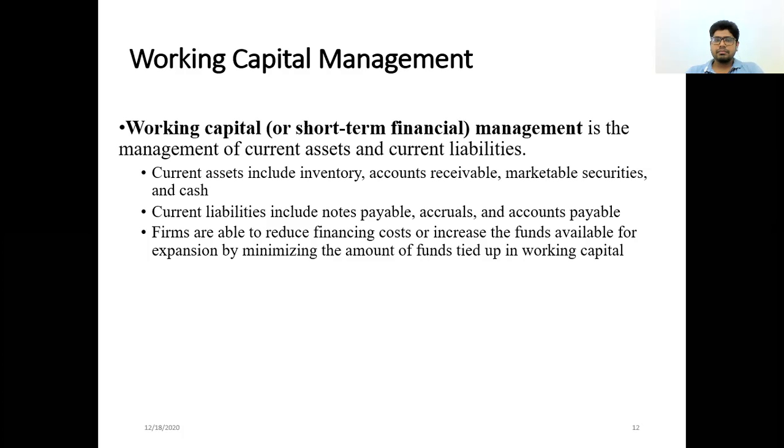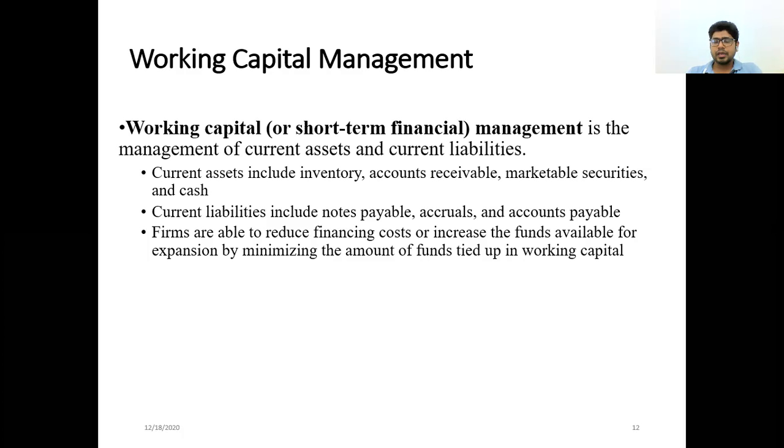And at the same time, the current liabilities include payables, notes payable, accruals and account payable. So the obligations which fall within 12 months, we have to settle. If we purchase raw materials on credit basis, we have to settle it back, and then it becomes account payable.